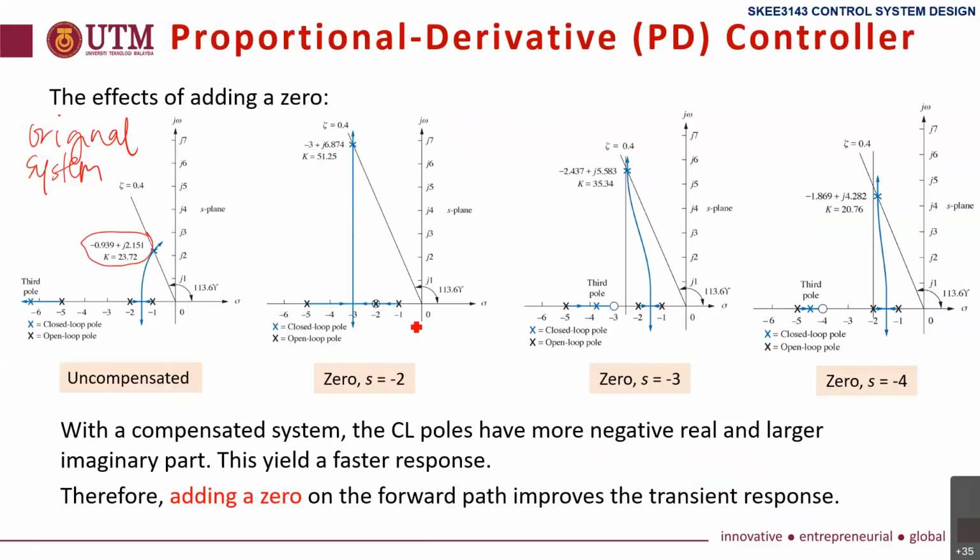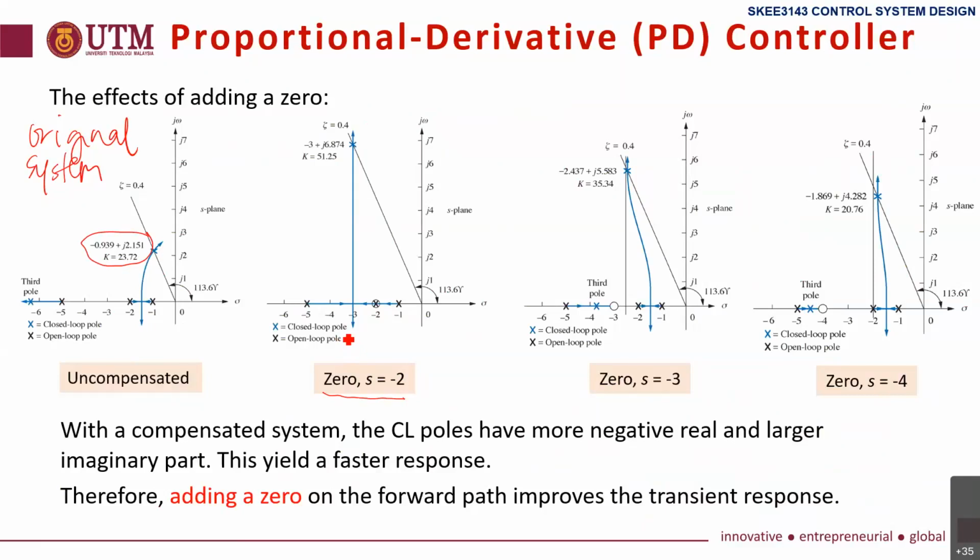The next diagram here shows a new root locus. If we add 0, here we add at -2. Root locus will be like this, because now the number of asymptotes becomes only 2. 3 minus 1 becomes 2.